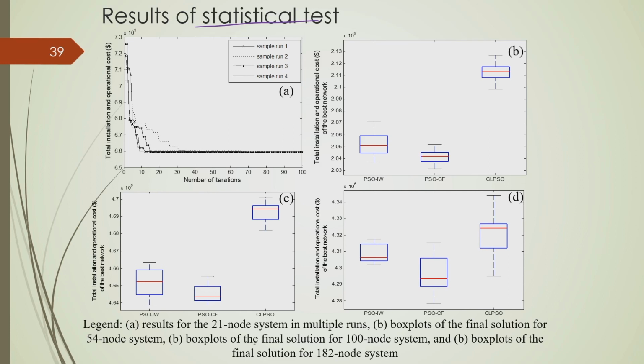Here we have used box plots to represent the variability that we get in the final solution. This box plot is used to compare the performances of the three different PSO variants that we have studied, and you can identify by yourself which one is better, which one has less variability as well as a lower median value.